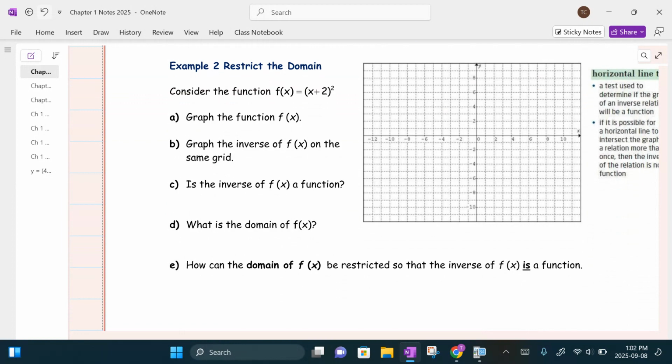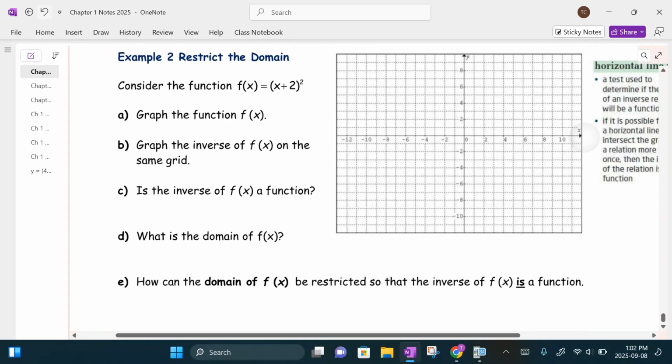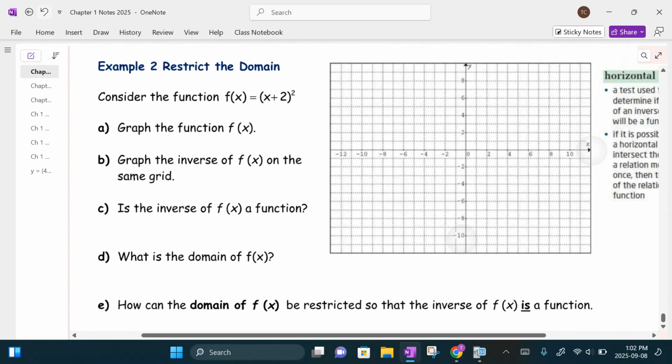There should be at least 1, 2, 3, 4, 5 points that you're going to graph of the original. And then switch all the points and sketch the inverse. So that's what I want you guys to do, is graph the original and then take the points that you used to graph the original, flip them all, and sketch the inverse.